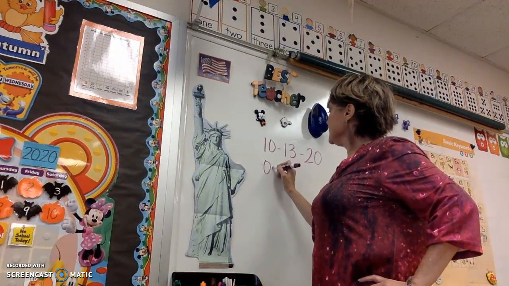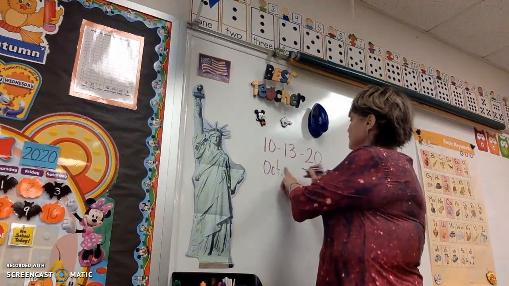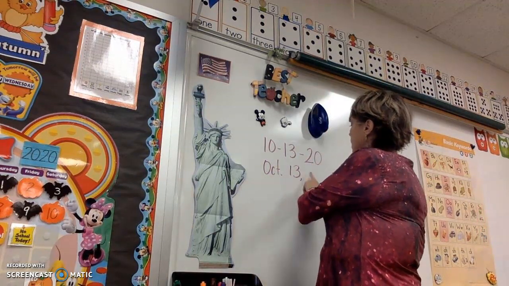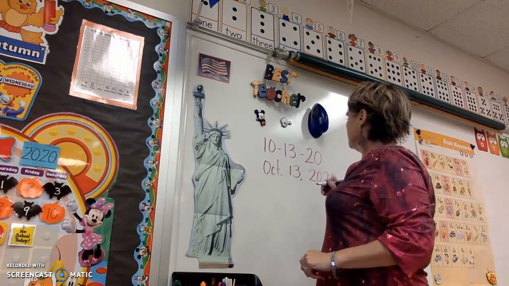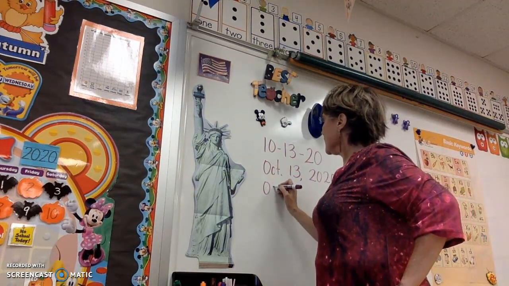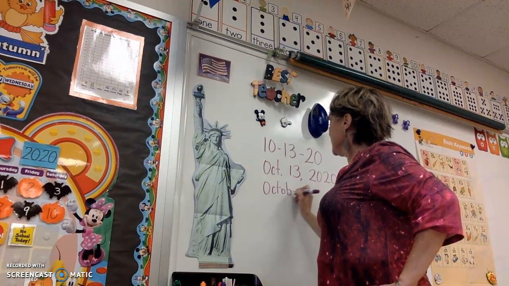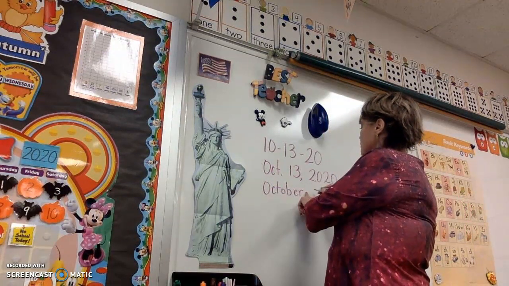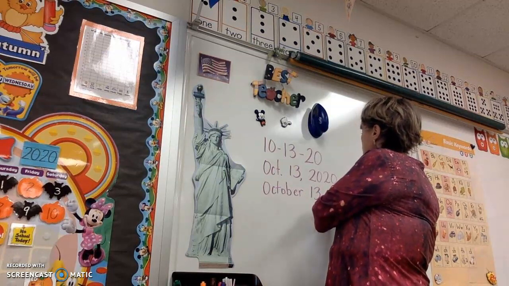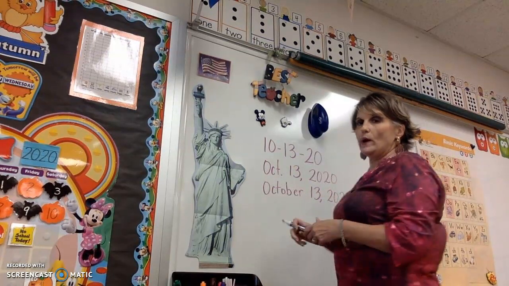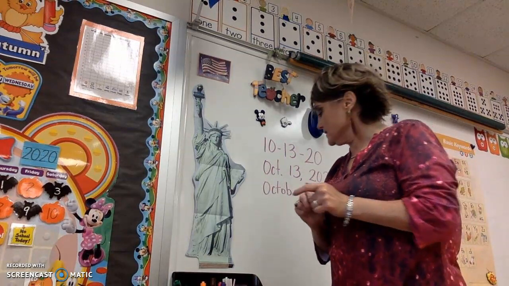We're going to abbreviate October, finger space 13, comma, finger space 2020. Okay, and we're going to write October all the way out. Finger space 13th, comma, finger space 2020.